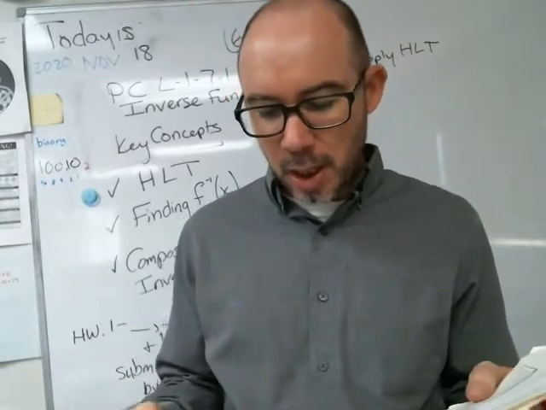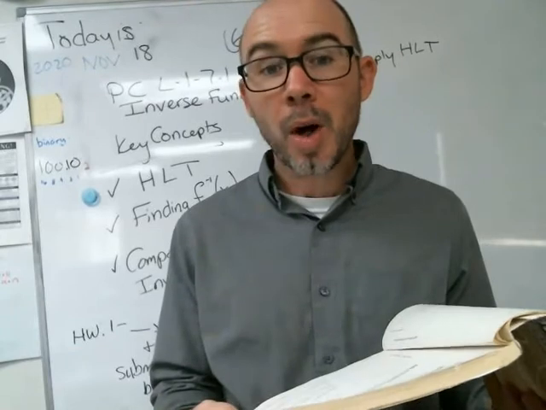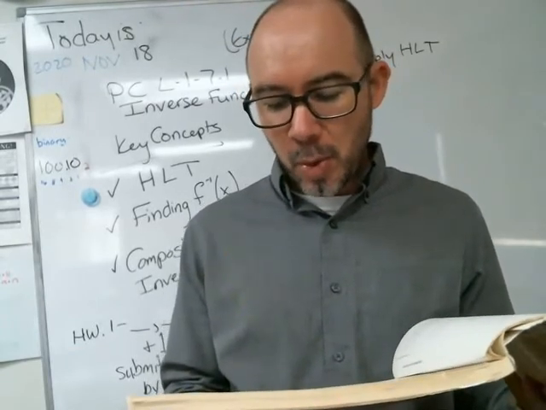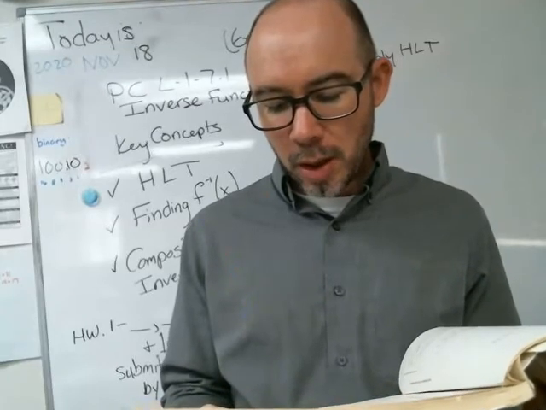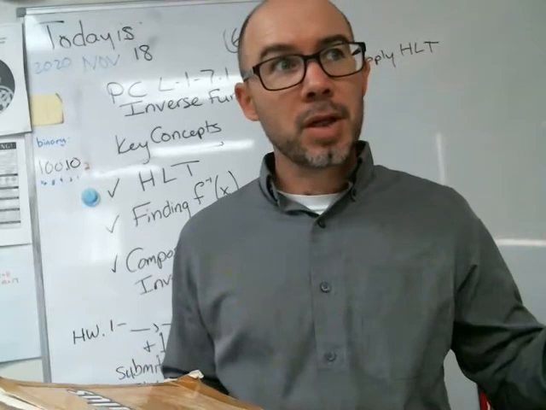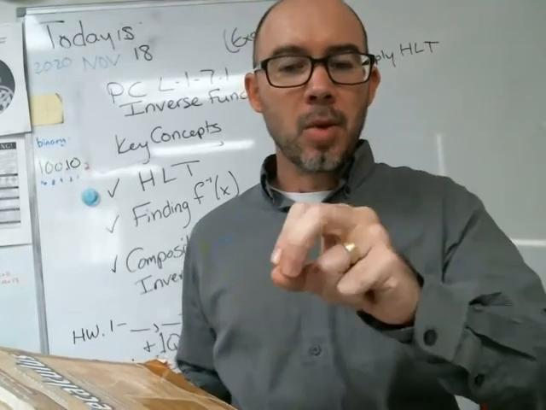New concepts would be inverse relations. If a function passes the horizontal line test, then it is said to be 1-to-1 because no x value is matched with more than one y value, and no y value is matched with more than one x value. That's the key. We've said before that with functions, you could plug in an x and get a y, right?